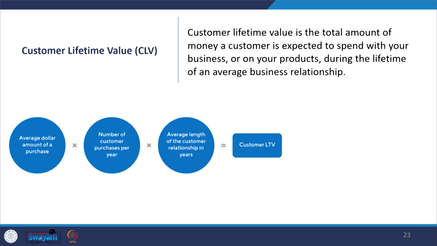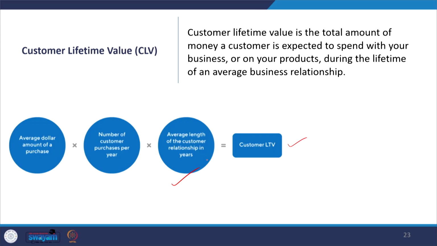If we take a product of these three terms, then we will understand what customer lifetime value is. The higher the length of the relationship, the higher the customer lifetime value. If the average amount of purchase increases, or the number of purchases increases, or the length of the relationship increases, either way the customer lifetime value is increasing for the company. Okay.